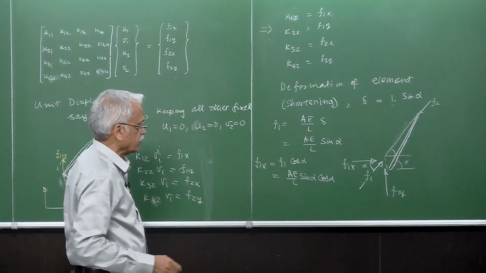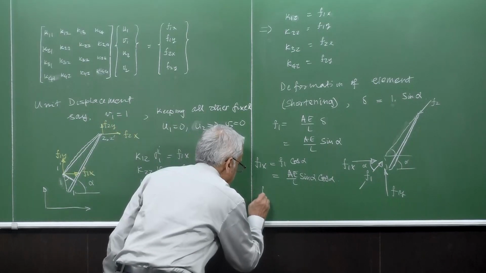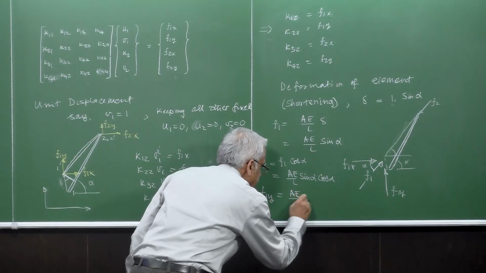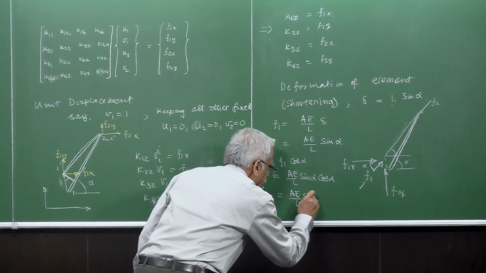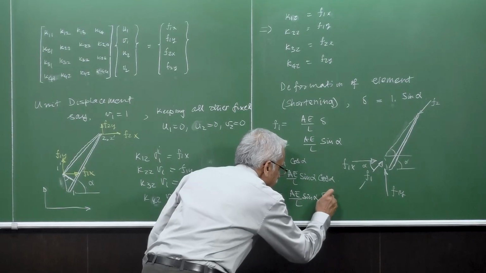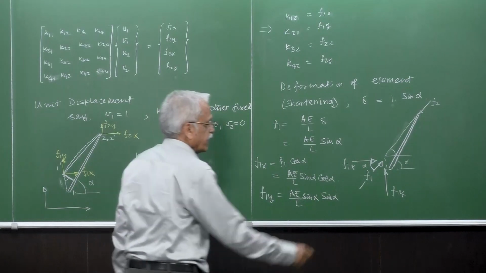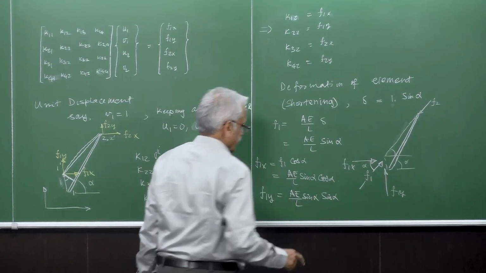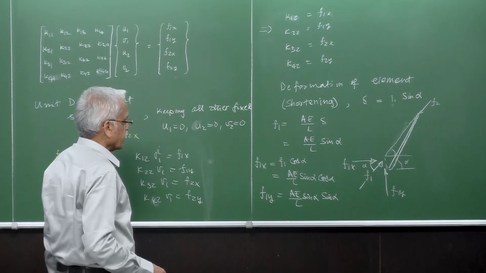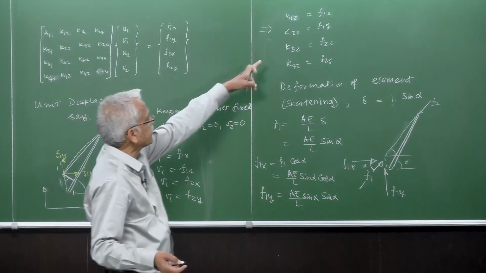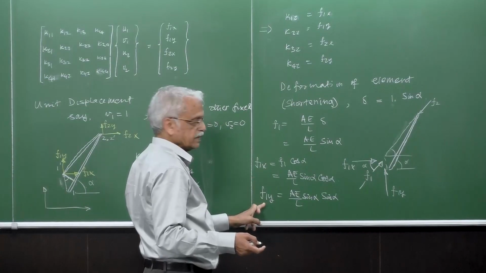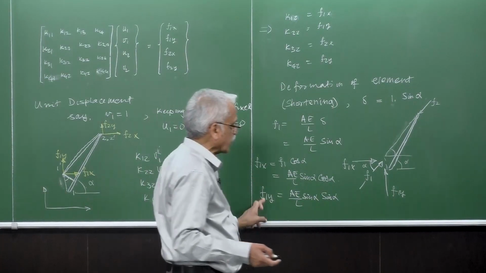Similarly F1y is the same but the component is sin alpha. This is the horizontal direction, so the vertical component is like this. So this is nothing but your K12 and this is nothing but your K22.